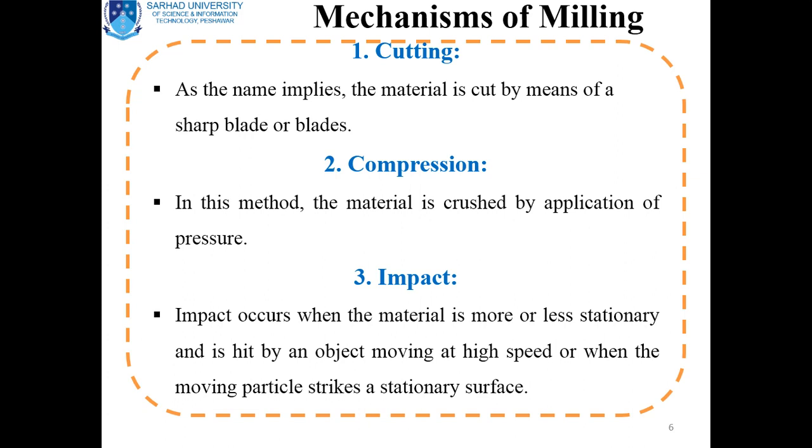In compression, the material is crushed by application of pressure. In impact, the material is more or less stationary and is hit by an object moving at high speed, or a moving particle strikes a stationary surface, as we have studied in the hammer mill.